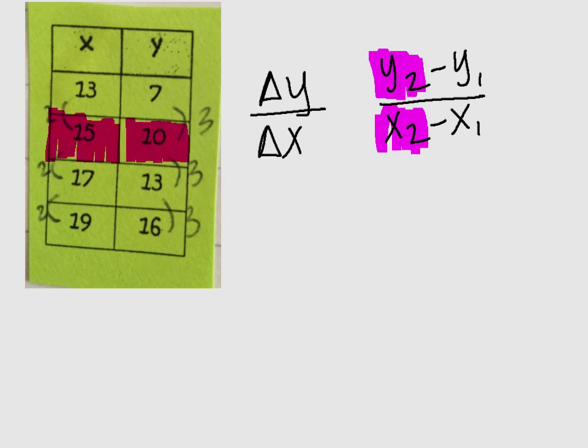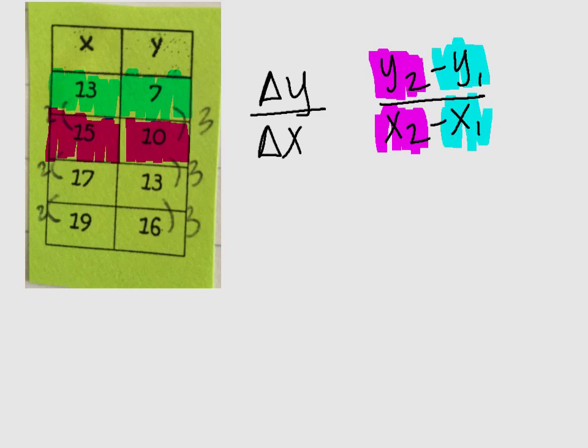Some of you get confused or put x on the bottom or whatever. Make sure you're looking at that. So here, that's y1. That goes on the top. That's x1.